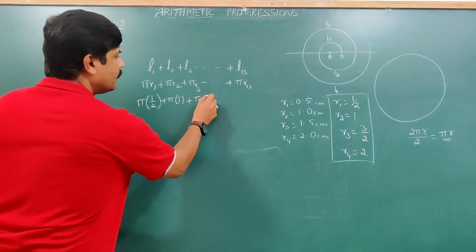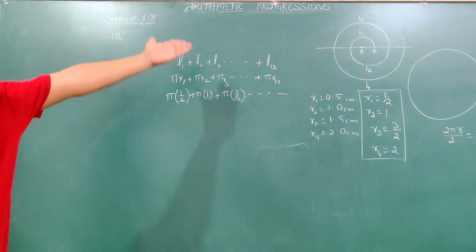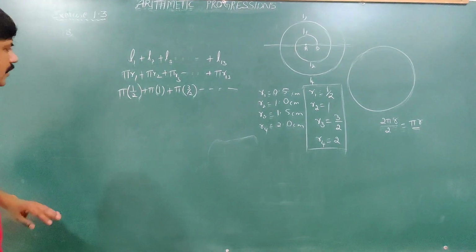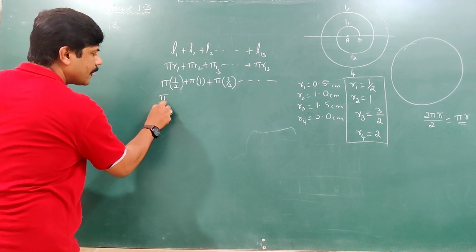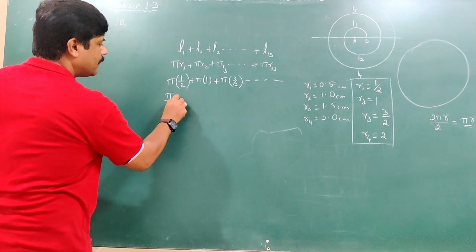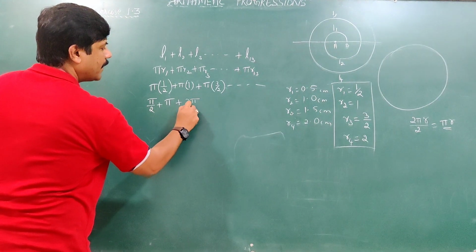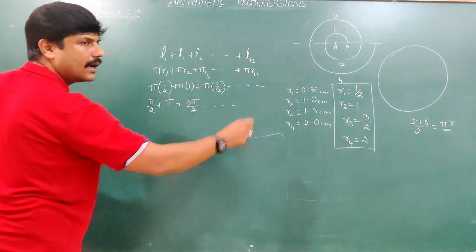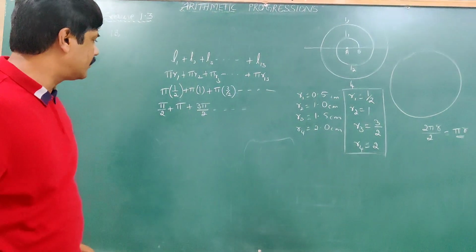R3 is nothing but 3 by 2, etc., up to pi R13. Now you can see that it becomes pi into 1 by 2, which is pi by 2, plus pi, plus 3 pi by 2, etc., up to pi R13.